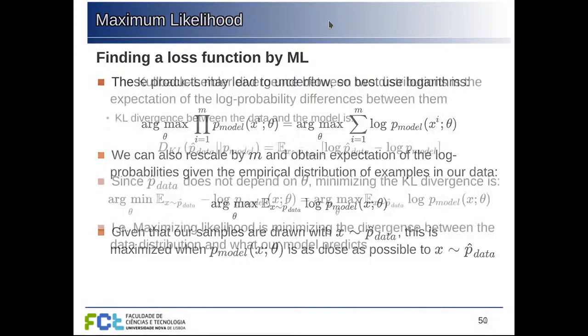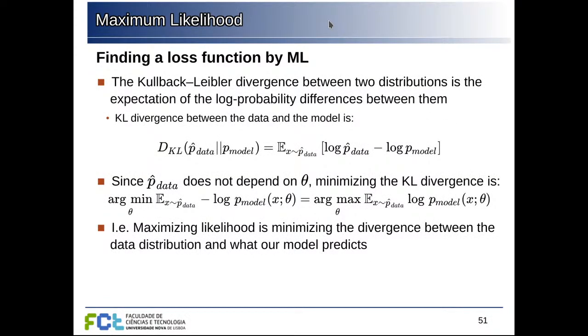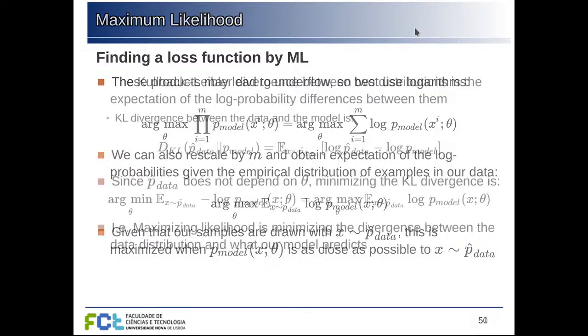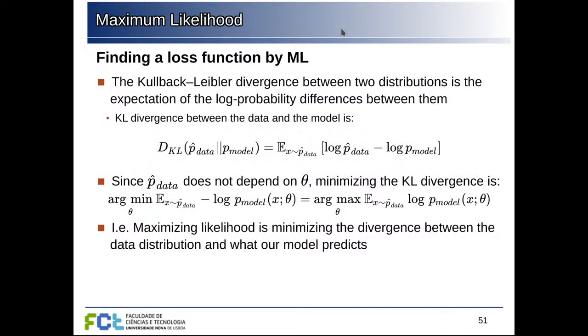So we can look at this in different ways. One way of trying to match the probability distribution given by our model and the probability distribution the data has is to look at the divergence between the two distributions. For example, the Kullback-Leibler divergence measures these differences between probability distributions, and it has this formula here.